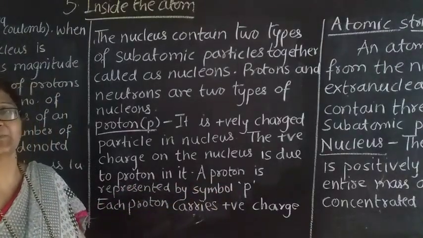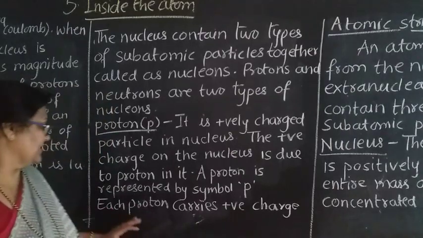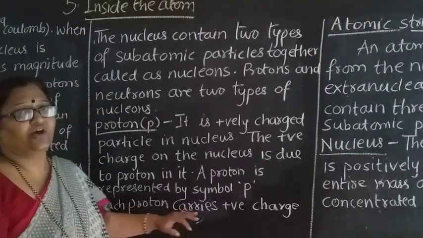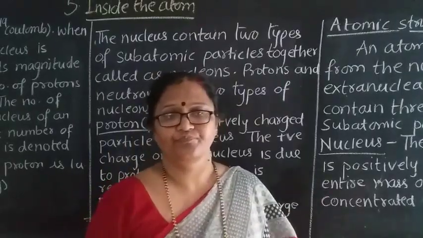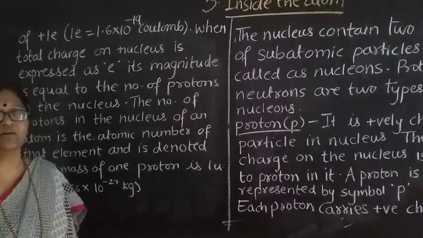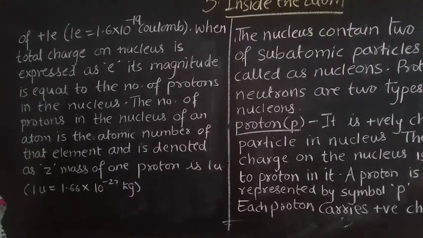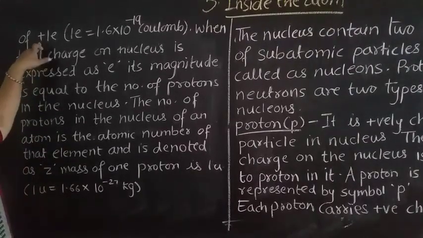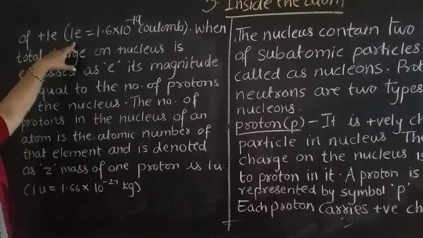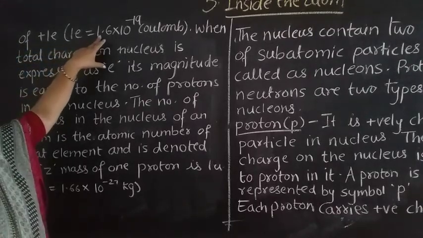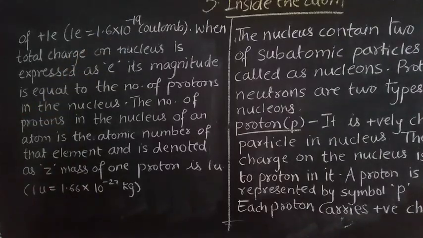Now how can we represent the proton? We represent the proton by P. Each proton carries a positive charge. This positive charge is given as plus 1e, where 1e is equal to 1.6 into 10 raised to minus 19 coulomb.